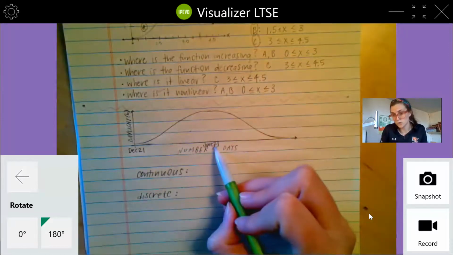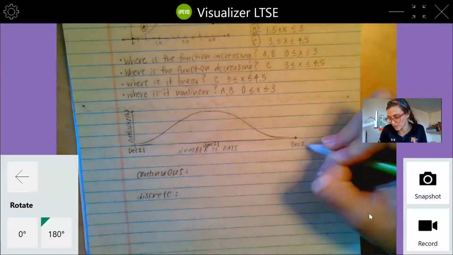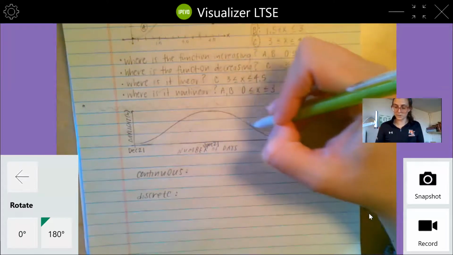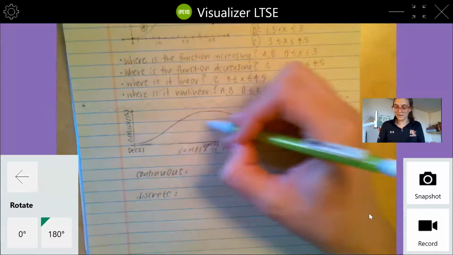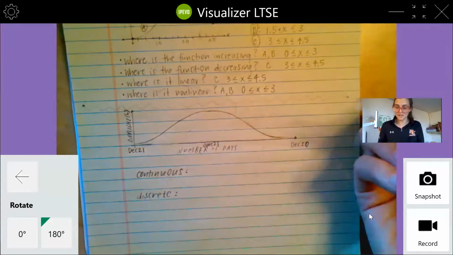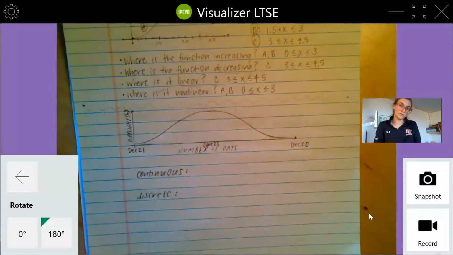And then from June 21st back to December 21st, or I guess December 20th, the daylight hours start decreasing. So we have the most daylight hours up here during the summertime, and then the lowest number of daylight hours during the wintertime.